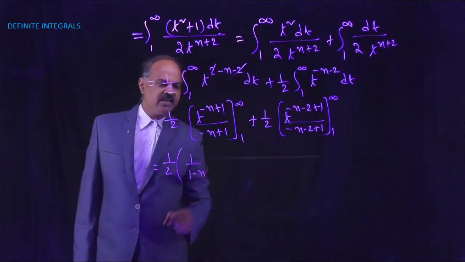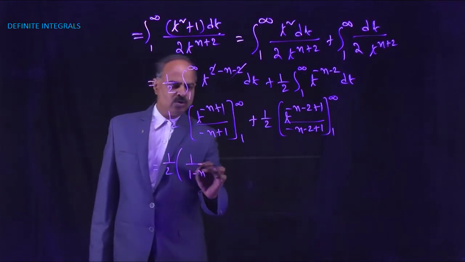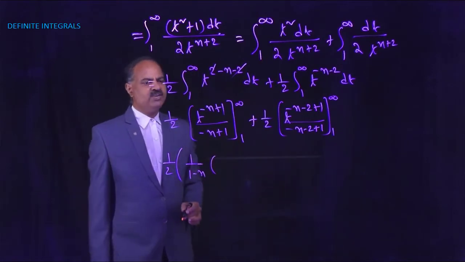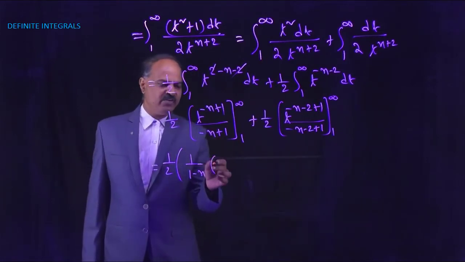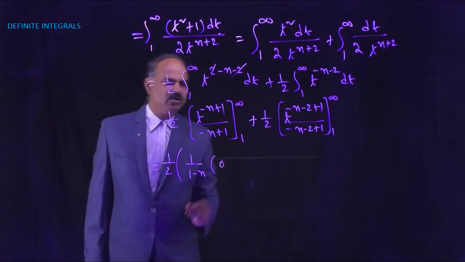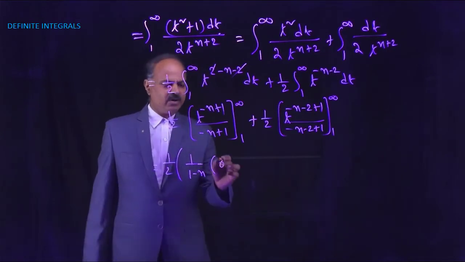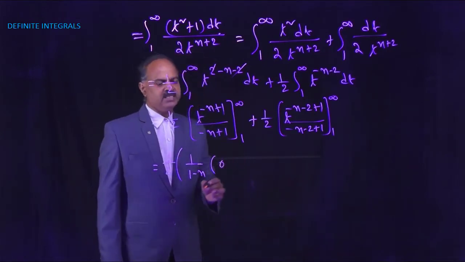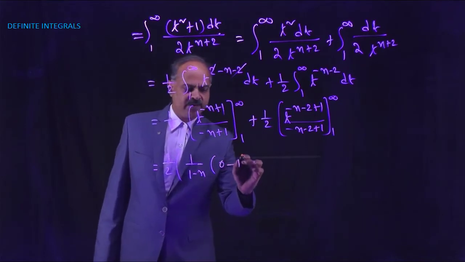Now this is equal to 1 by 2 into 1 by 1 minus n into t to the power minus infinity. So 1 by t to the power infinity, 1 by infinity is 0, minus 1 to the power 1 minus n, which is equal to minus 1.